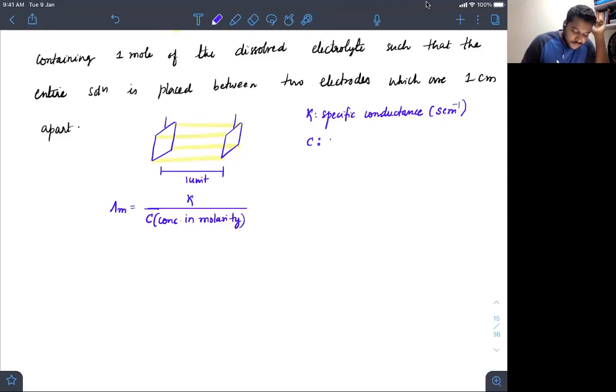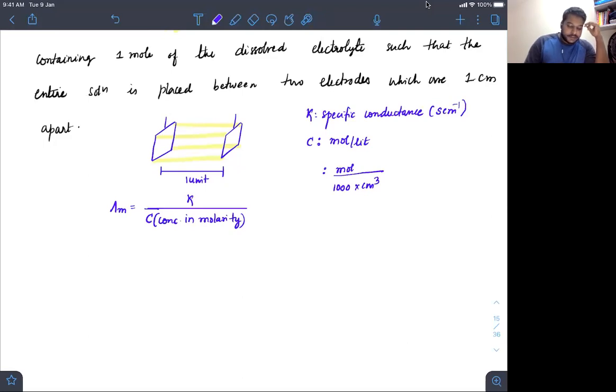Concentration in molarity is mole per liter. Mole per liter can also be written as mole divided by 1000 centimeter cube, so I can write it in terms of centimeter cube. Got it?